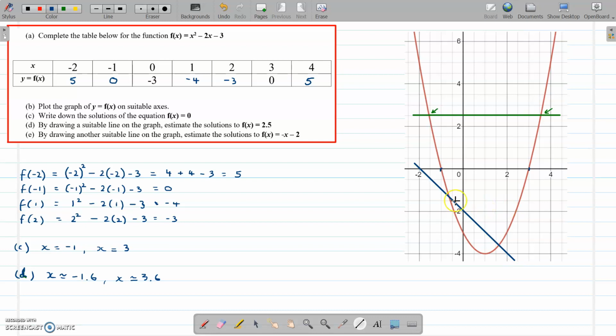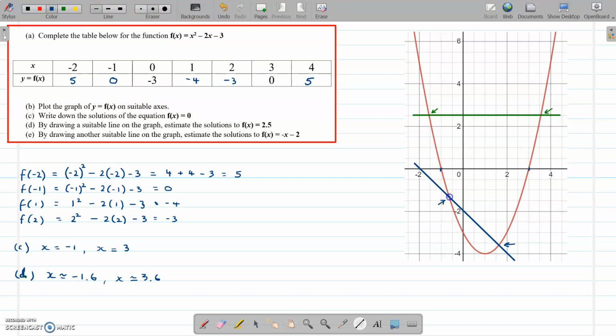Okay, so what we're interested in now is where that blue line intersects the quadratic. So I'm looking at that point there and that point there, and I'm looking for the x values. Well, it's only an estimate, but if I project it vertically upwards, I'll leave it in the blue color, maybe just do a thinner line.